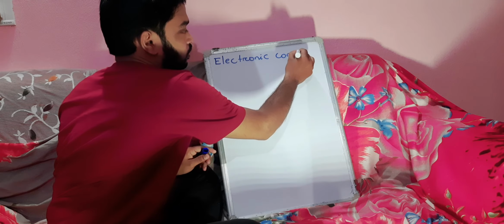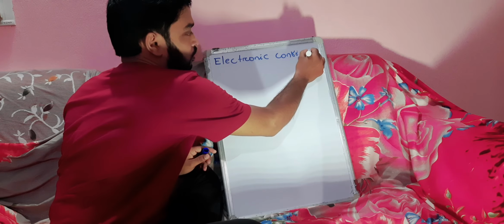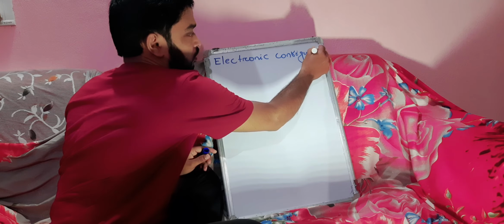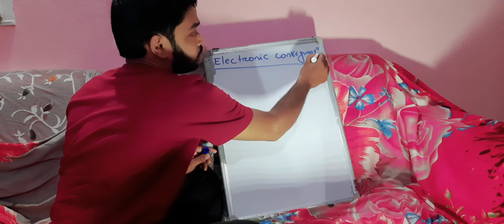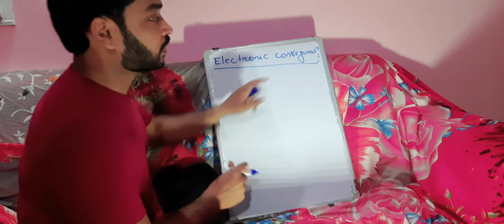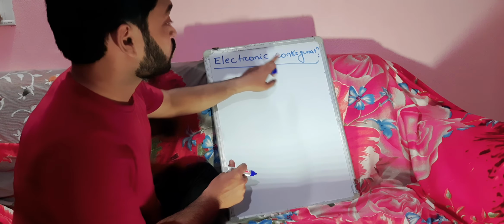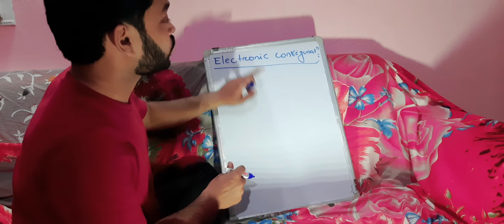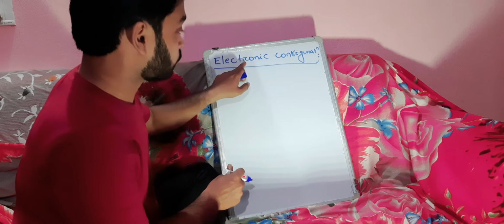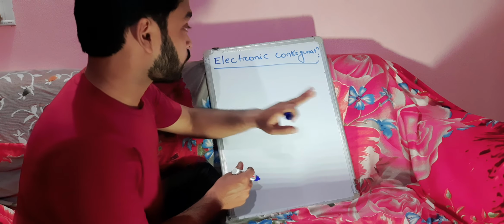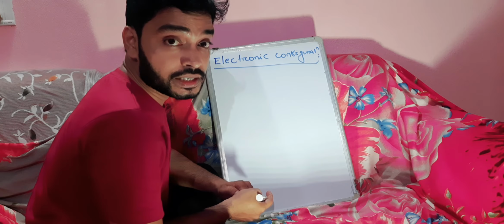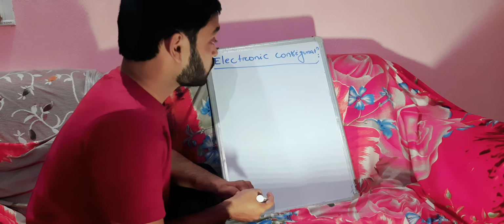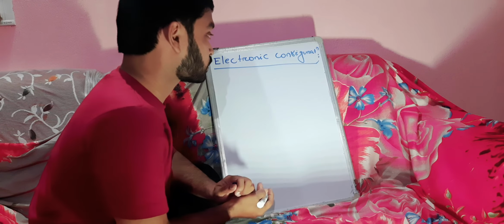Configuration means arrangement. Electronic is related to electron. The arrangement of electrons in different orbitals and suborbitals according to the increasing order of energy is called electronic configuration.